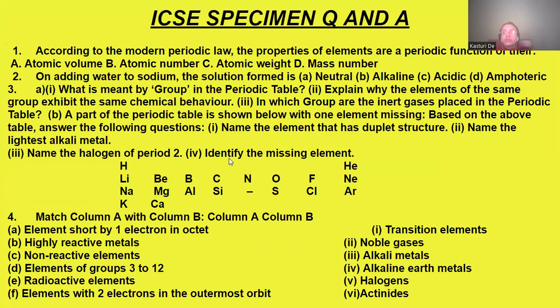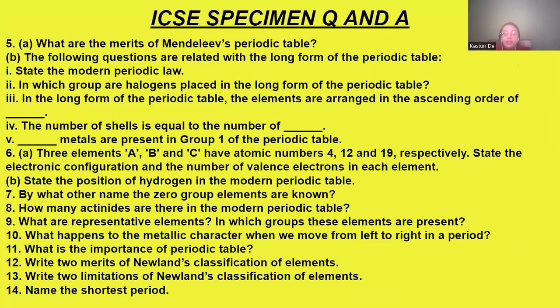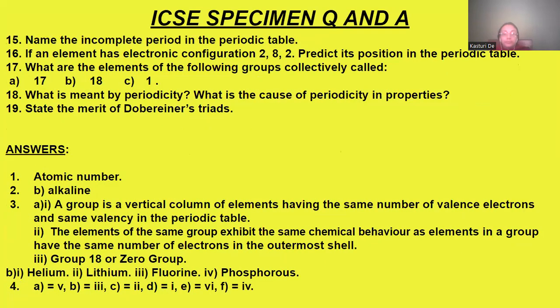The next question was: explain why the elements of the same group exhibit the same chemical behavior, and in which group the inert gases are placed. The elements of the same group exhibit the same chemical behavior because they have the same number of electrons in the outermost shell, that is, the same valence electrons.